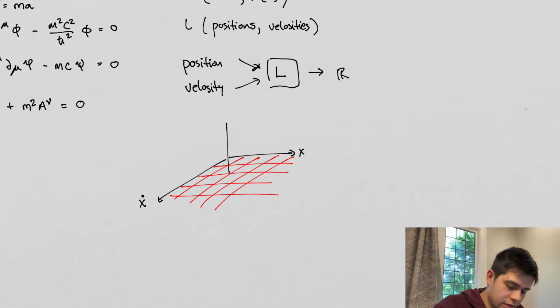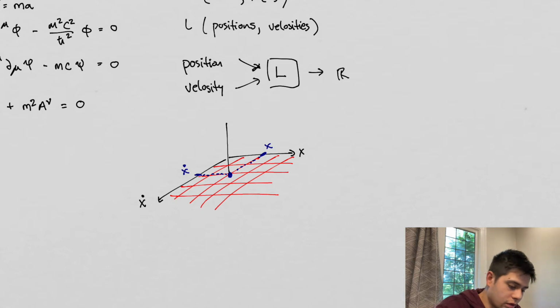Say I picked this point right here. That would be associated with this position and this velocity.